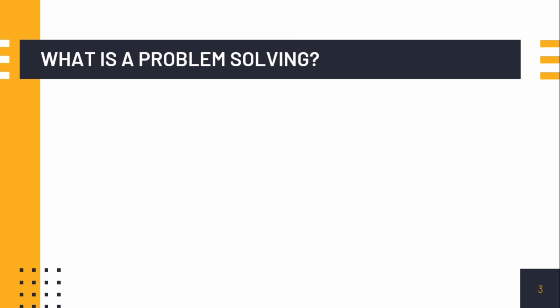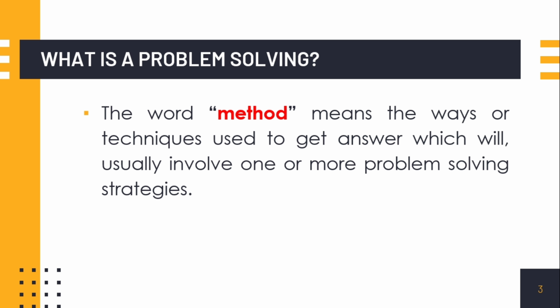Prior to a detailed discussion of problem solving, it is important for us to understand first these three words: method, answer, and solution. The word method means the ways or techniques used to get the answer, which will usually involve one or more problem solving strategies.